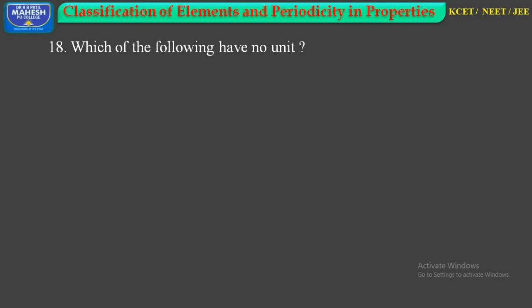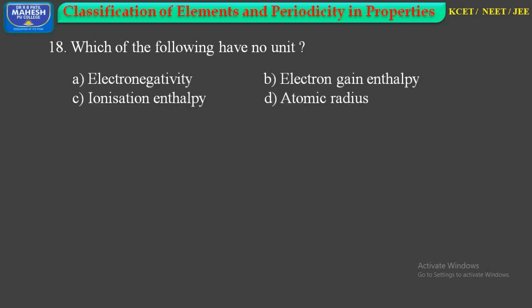Question number 18. Which of the following have no unit? Option A, electronegativity, option B, electron gain enthalpy, option C, ionization enthalpy, and option D, atomic radius.